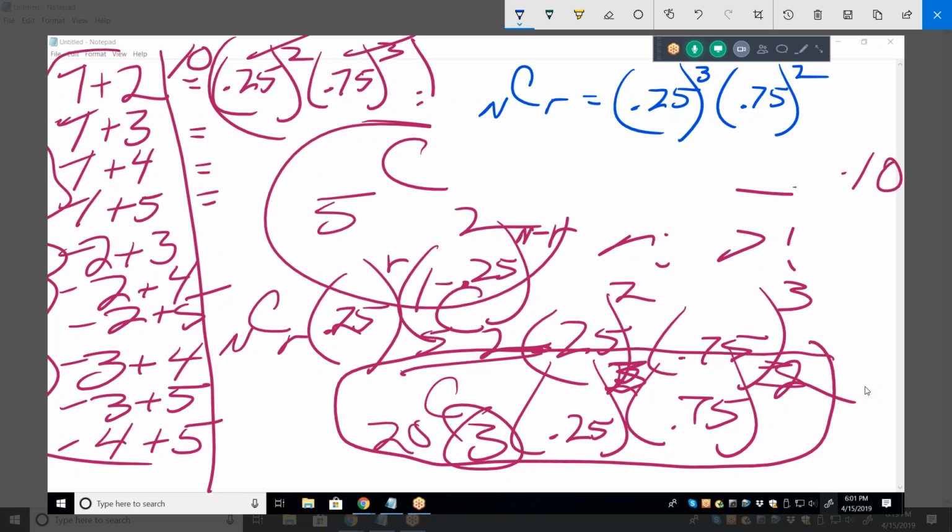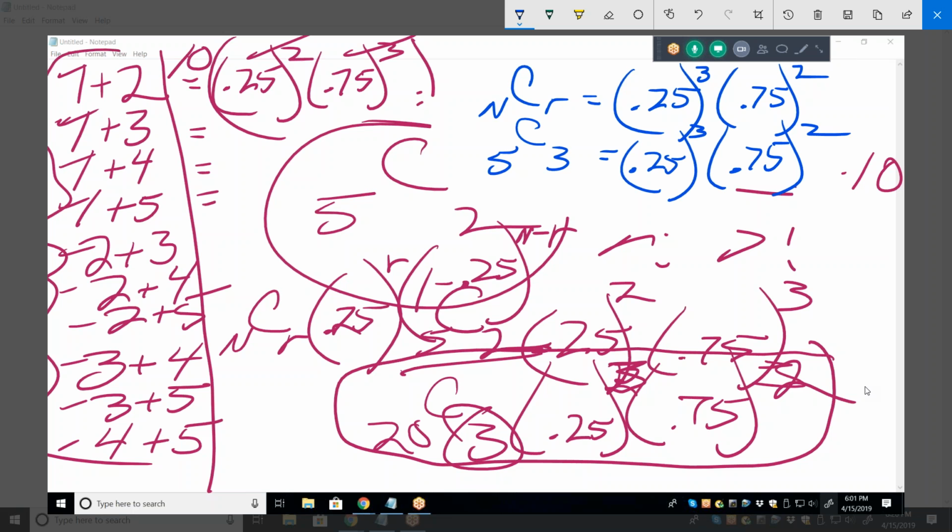So this would be the odds of getting 3 correct. In fact, it would be this. If they said the odds of getting 3 correct instead of 2, it's that.